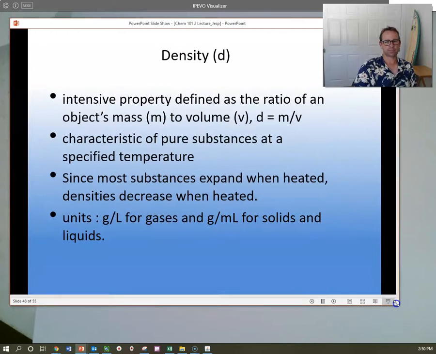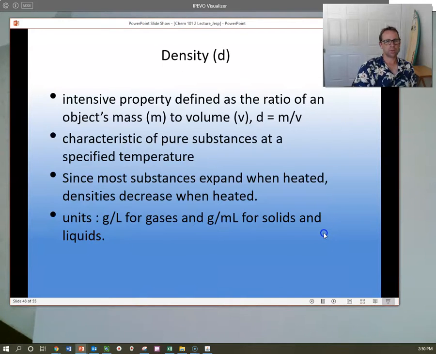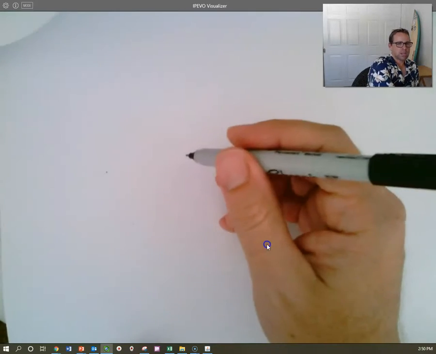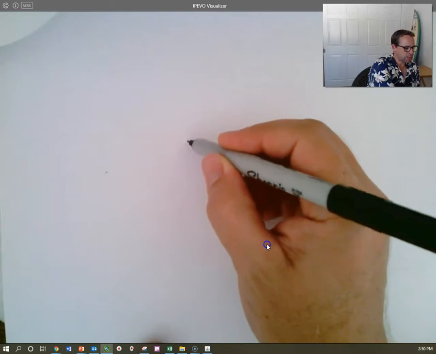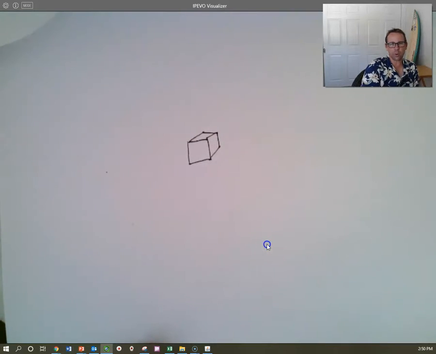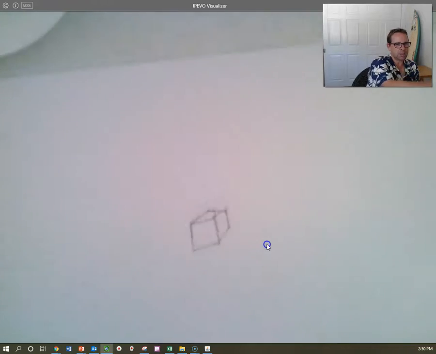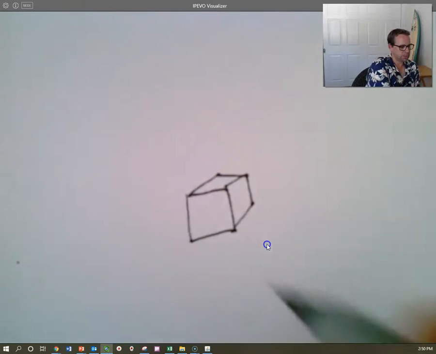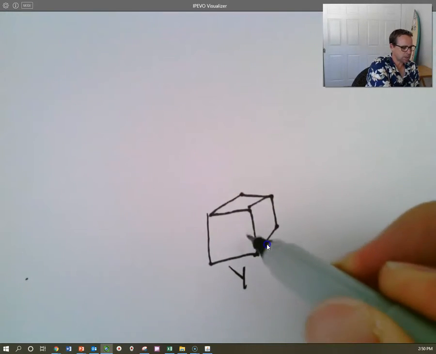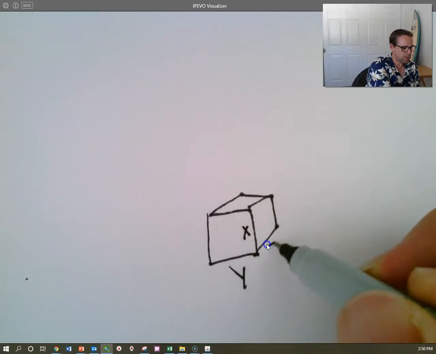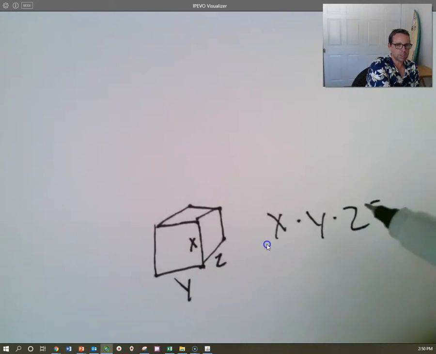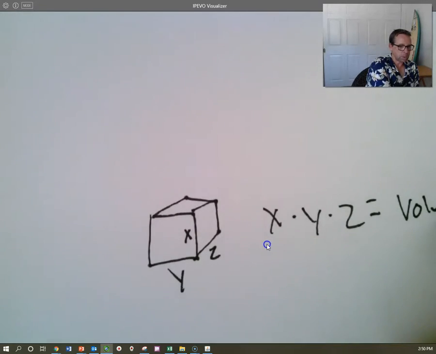So, let's talk a little bit about this really quick. Sometimes we have an object that is perfectly formed, and we can look at the object's length, height, and width, right? X, Y, and Z. And we can say X times Y times Z will equal the volume of the object.